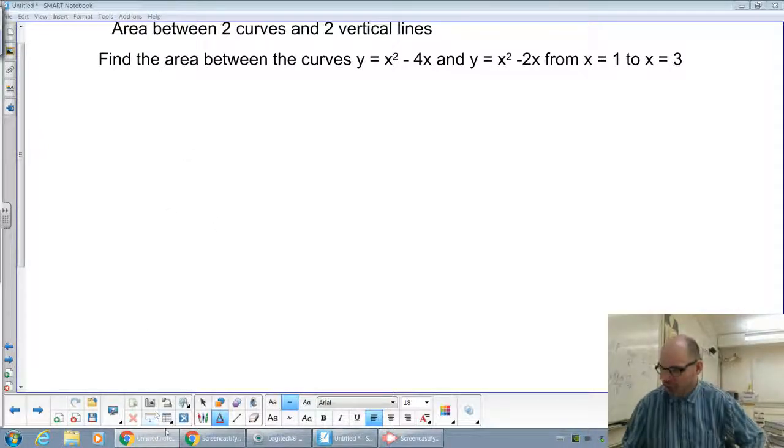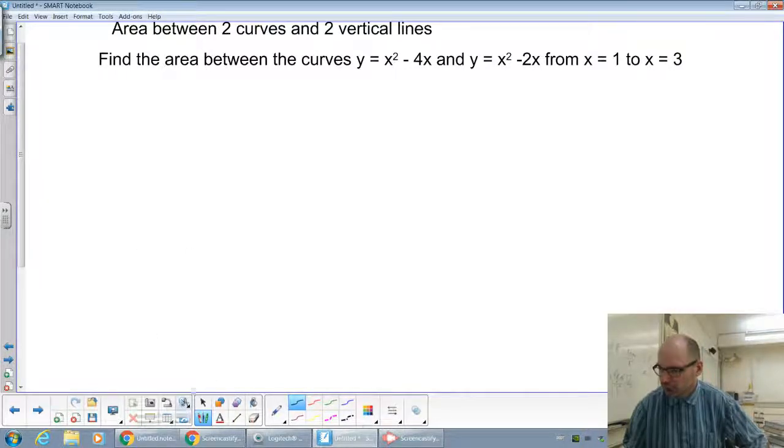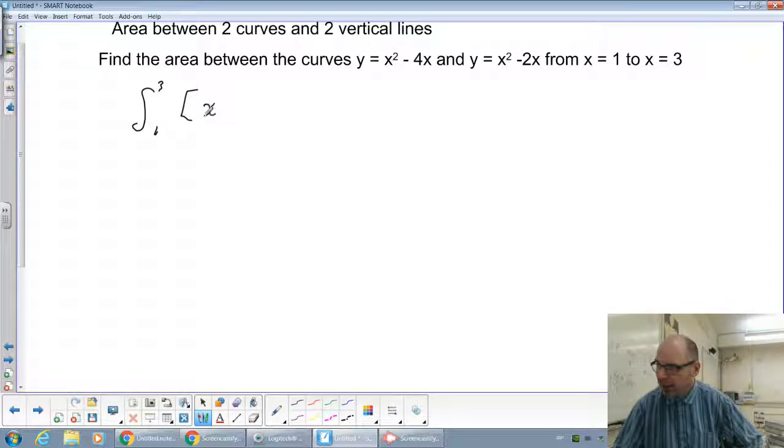So we're going to do an integration from 3 to 1, which is our vertical lines, of x squared minus 2x minus x squared minus 4x dx.